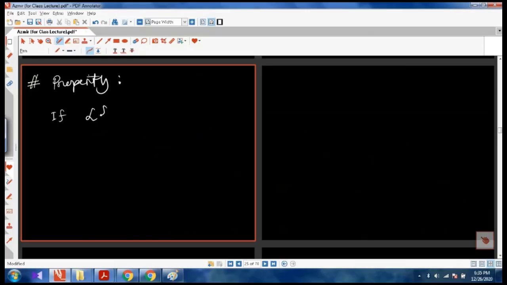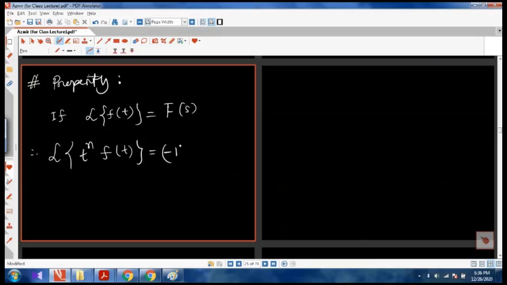If the Laplace transformation of f of t is capital F of s, this is our general notation, then the Laplace transformation of t power n f of t is minus 1 power n times the nth derivative, in terms of the s variable, of the Laplace transformation of f of t. Okay, so let's solve one problem by using this.